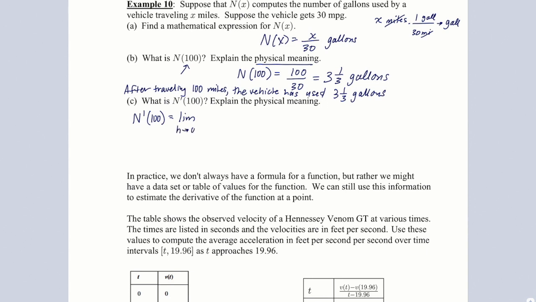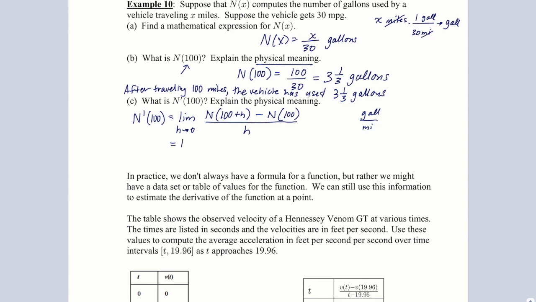Limit as h goes to 0, n of a plus h, so n of 100 plus h minus n of a, so n of 100, divided by h. Let's think about what the label is going to be. So the numerator is a change in n, and the label on n is gallons. And the denominator is a change in the input, so per mile. So we want to think the label on this is going to be gallons per mile, and that's going to help us with the physical meaning.